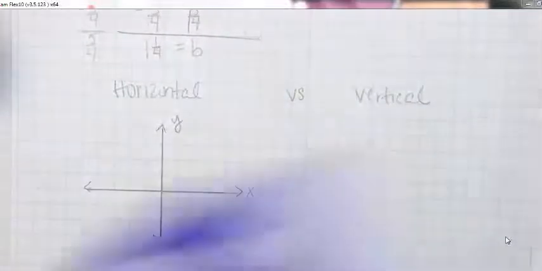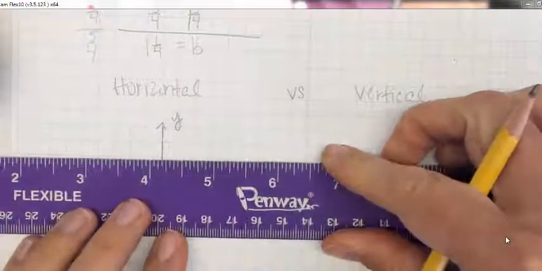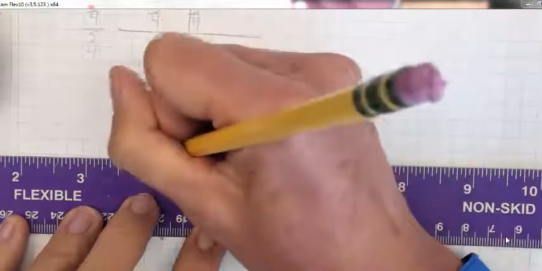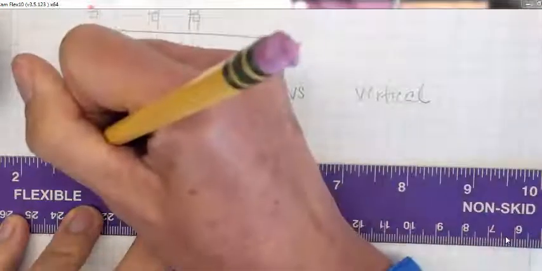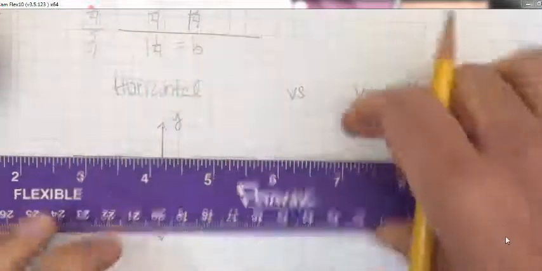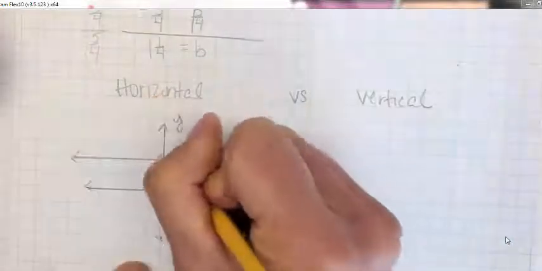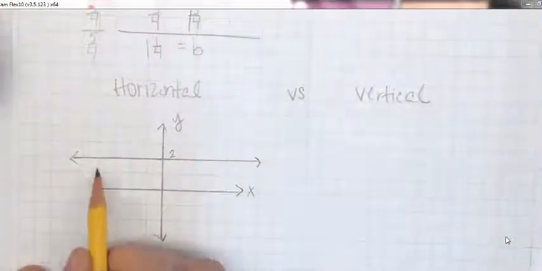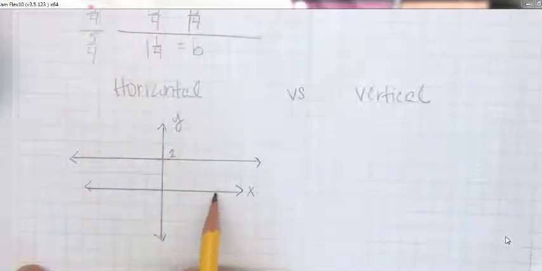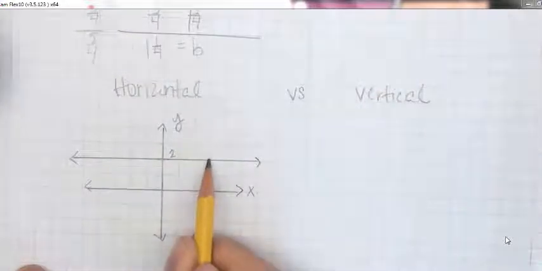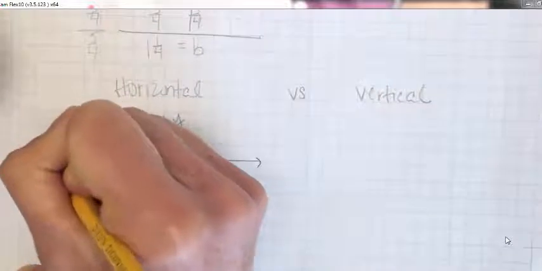Okay, so there's my coordinate plane. If I were to draw a horizontal line, let's just say it goes through y equals 2. Okay, so I'm going to draw a horizontal line here through y equals 2. Well, guess what? This equation, no matter what x value I put in, my output's always 2. So this equation is y equals 2.